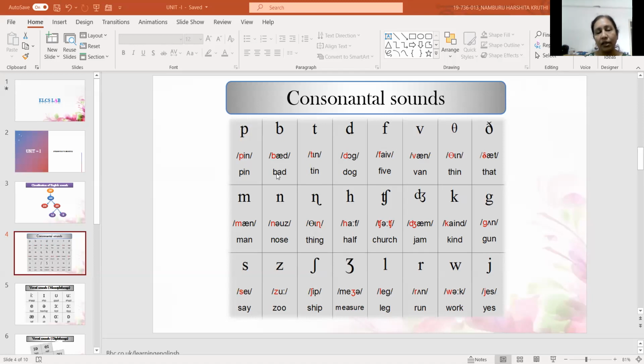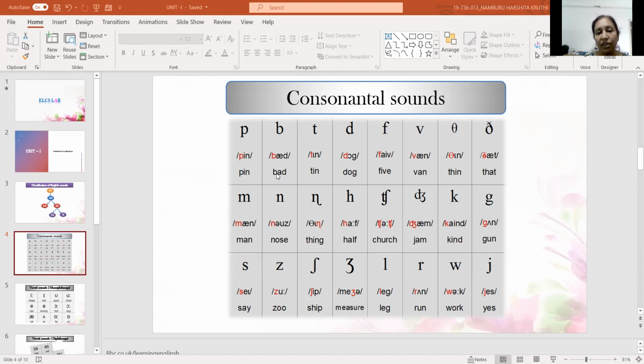Hence, we understand that it is a phonetic transcription of the sound, the word pin, right? So, what does it mean when phonetic transcription appears in slanted lines? It means that it is a symbolic form of the given word or given symbol.